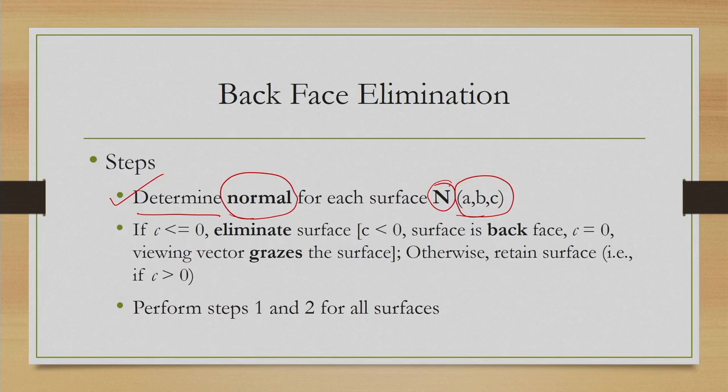If not, then you may refer to any basic book on vector algebra. It is a very simple process and I will not discuss the details here. Now, once the normal is decided, we check for its z component.